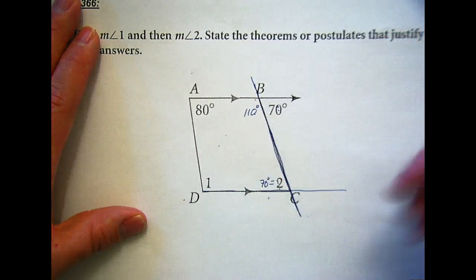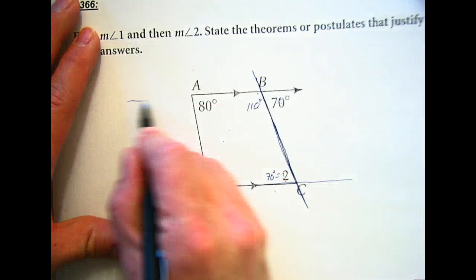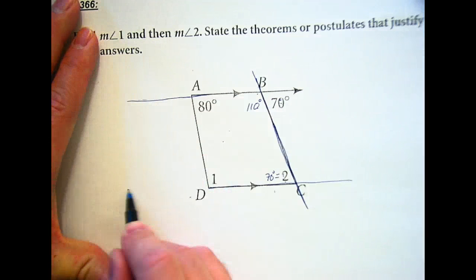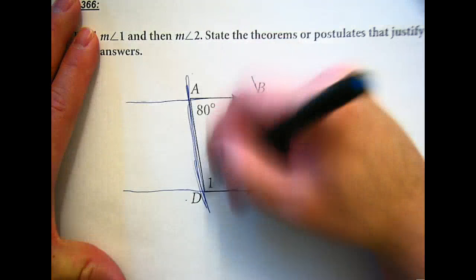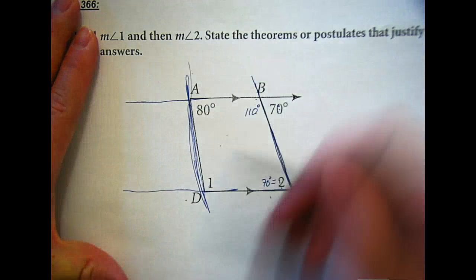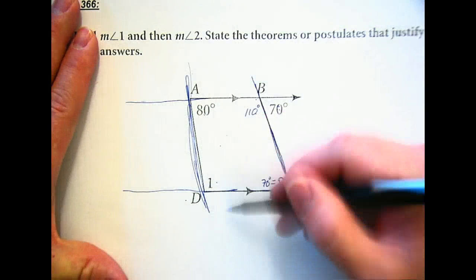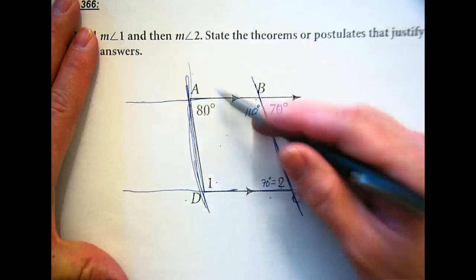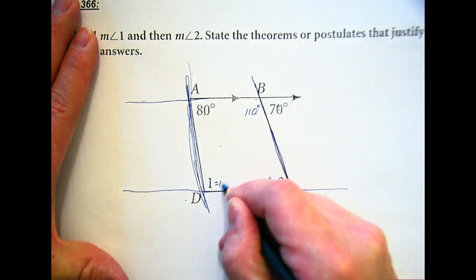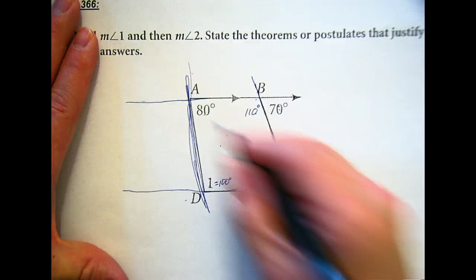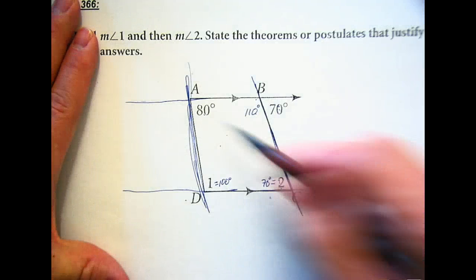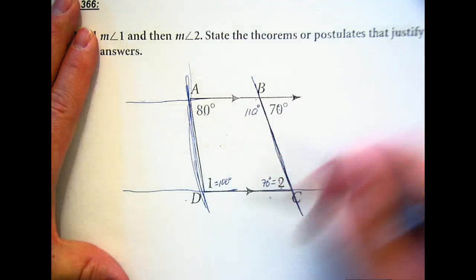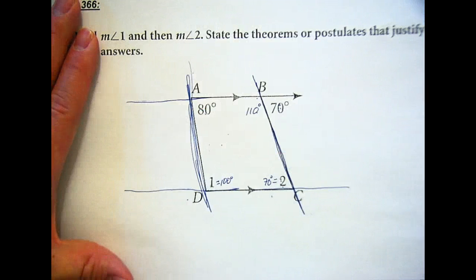The other way is you have another transversal in here. 80 plus what makes 180? 100. This has to be 100. So you could check it. We know they all have to add up to 360. So that's 210, 290 and 70, 360. Hey, we're good.